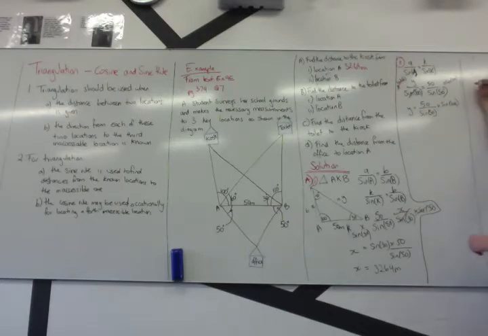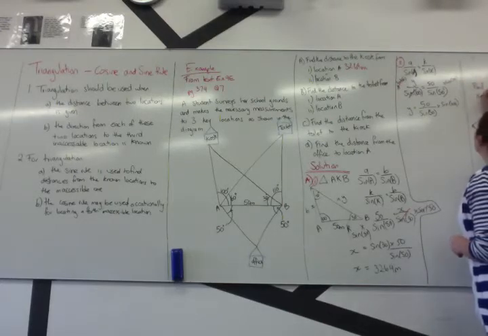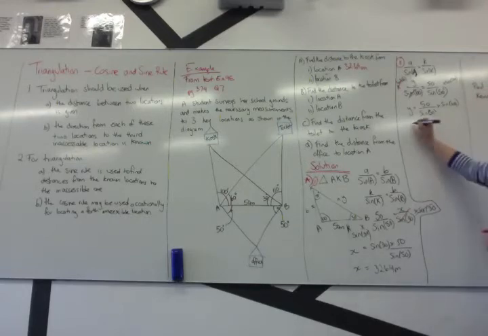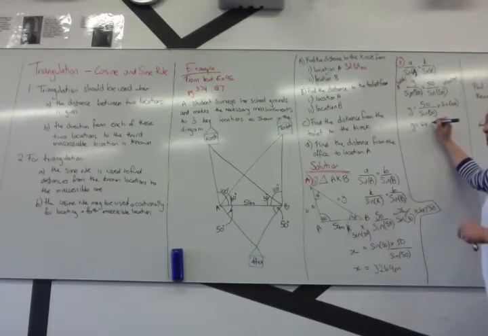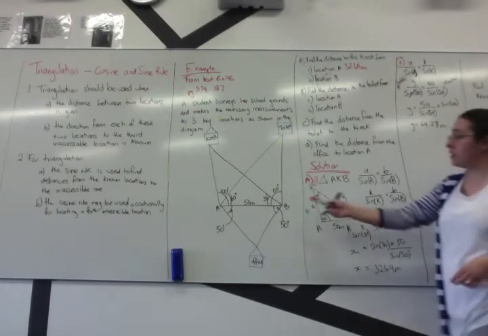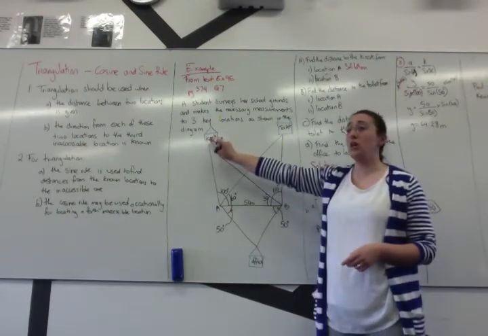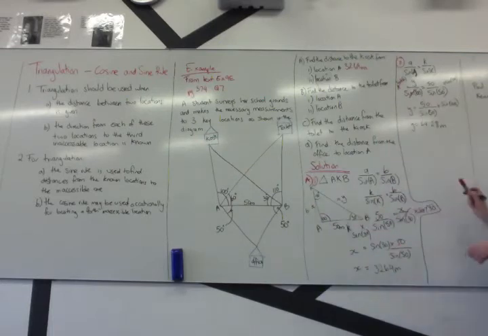You get 64.278, we'll go with 64.28 meters. So, to go from this point B up to the kiosk, it's 64.28 meters.